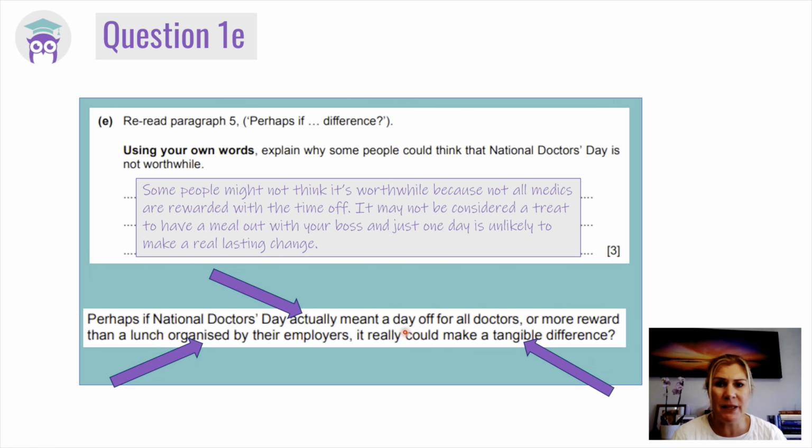It may not be considered a treat to have a meal out with your boss, and just one day is unlikely to make a real lasting change. So here we go: medics, doctors, time off, day off, treat, reward, meal out, lunch, boss, employers, tangible difference, real lasting change. Okay, so I've just shifted those words around.